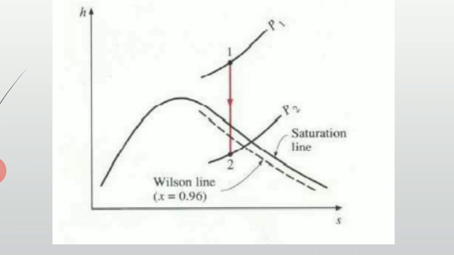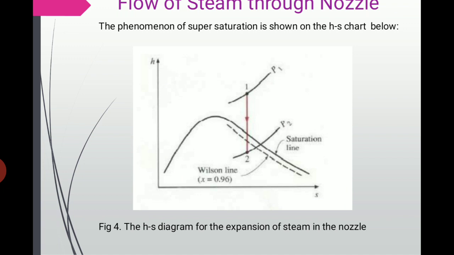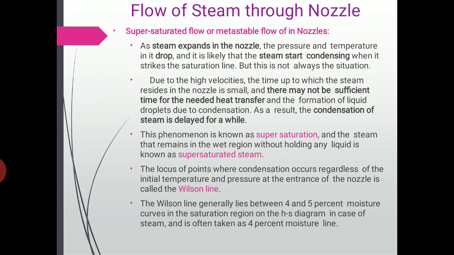The Wilson line indicates wet steam. The Wilson line generally lies where 4 or 5% moisture occurs in the saturation region on the HS diagram. In the case of steam, this often takes place at the 4% moisture line.